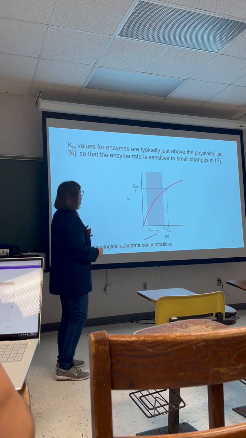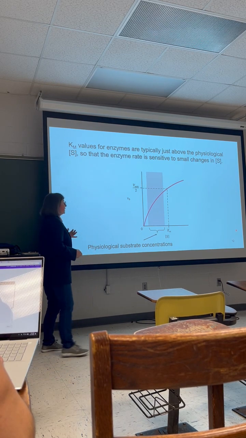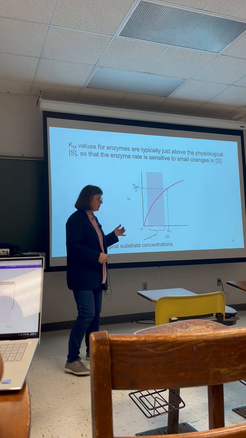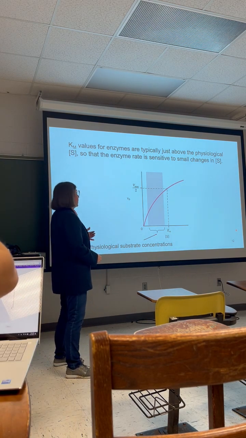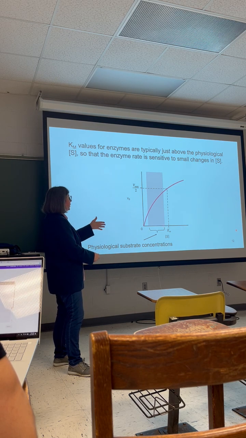Fun fact, in physiological systems, in real cells, if you think about enzyme catalyzed reactions, it just happens that the physiological substrate concentration, shown by this pink box, is usually below Km.